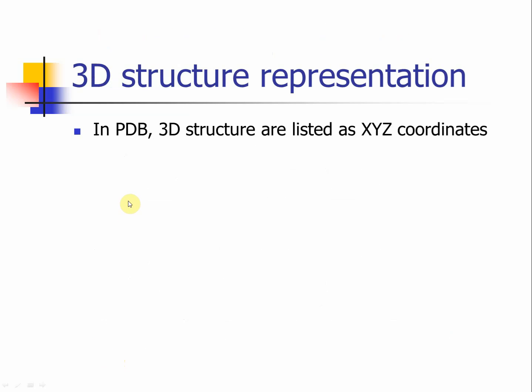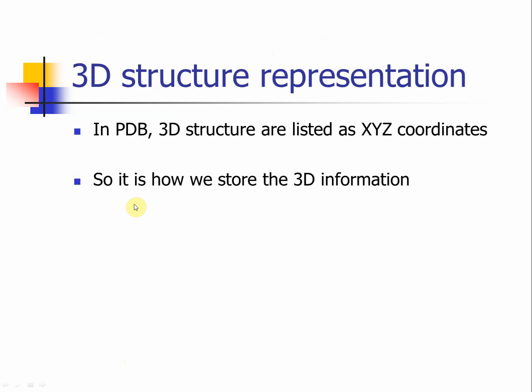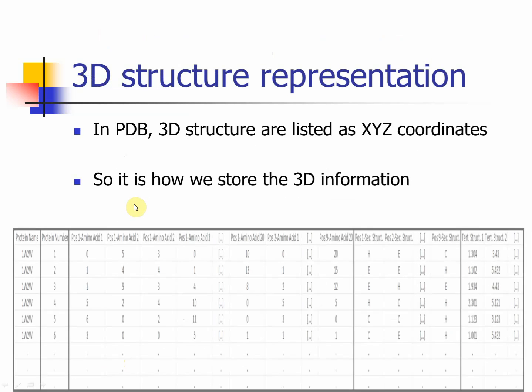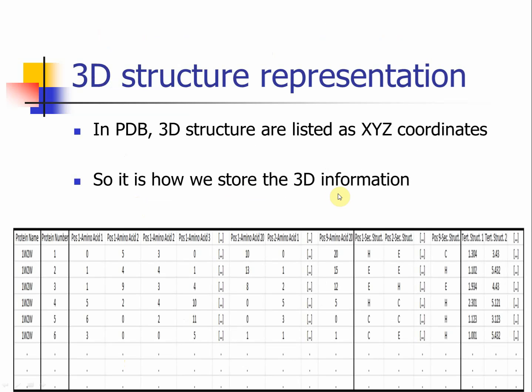That's why in our data set, this is how we store the 3-dimensional information: 180 dimensions of the primary sequence, 9 positions of the secondary structure, and 36 distances of 3-dimensional structure information.